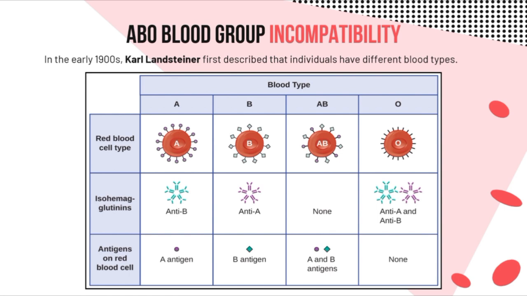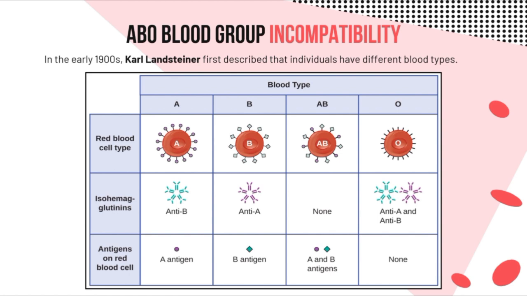The ABO blood type is determined by the presence or absence of surface carbohydrates on our cells, which are the A antigen and B antigen. So if there's a presence of A antigen on the red blood cells, then the individual is a type A person and they have anti-B antibodies.